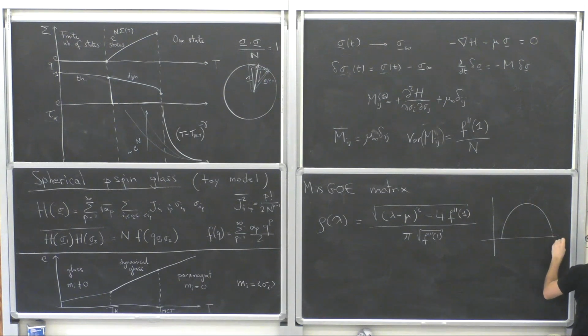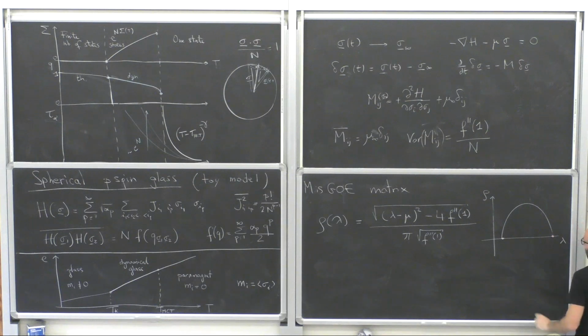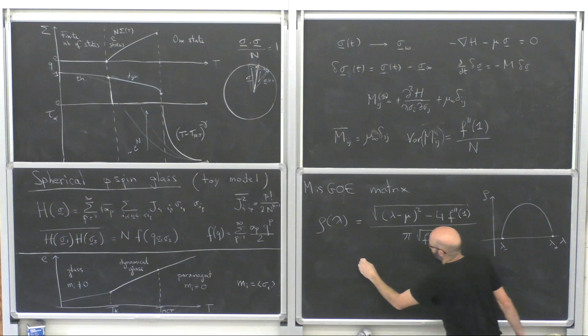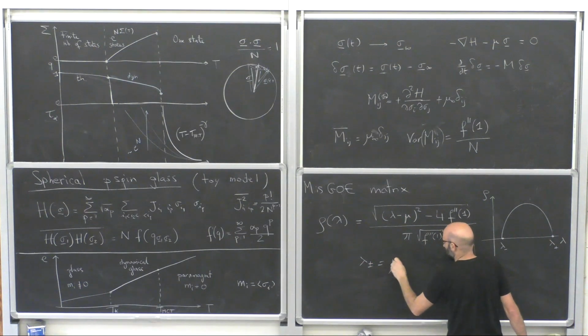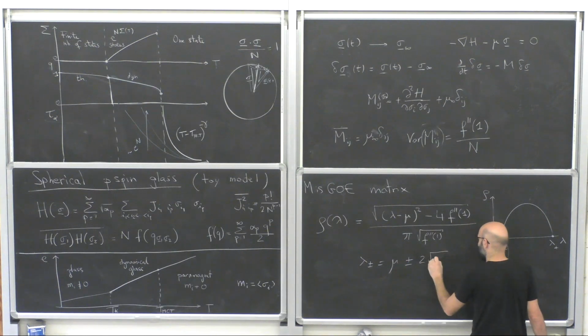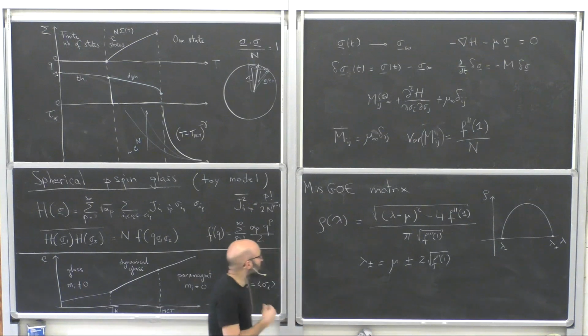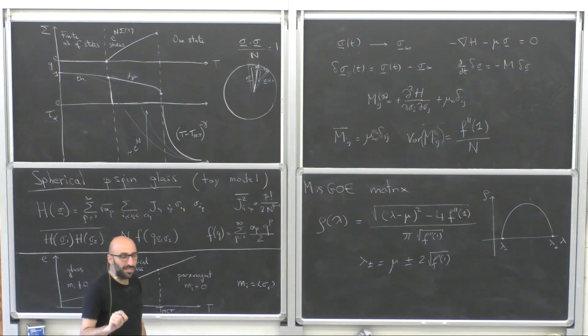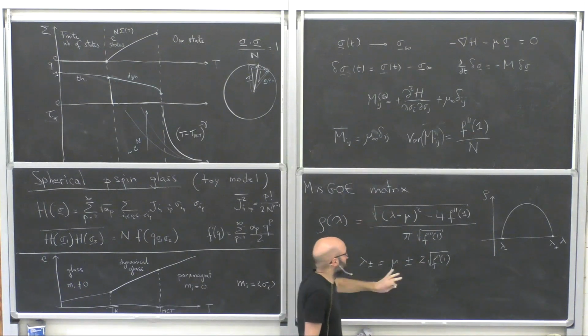It's a semicircle, and the two edges are given by the values where this thing is 0, so it's mu plus minus 2 square root of f second of 1. Okay? So the dependence of this on the final point is only in mu.